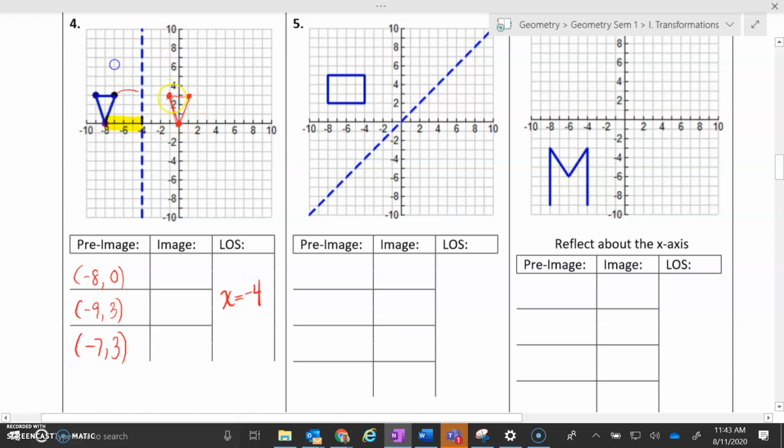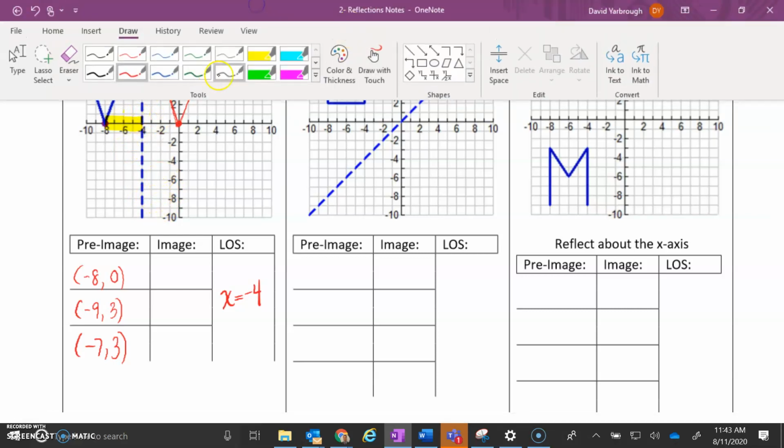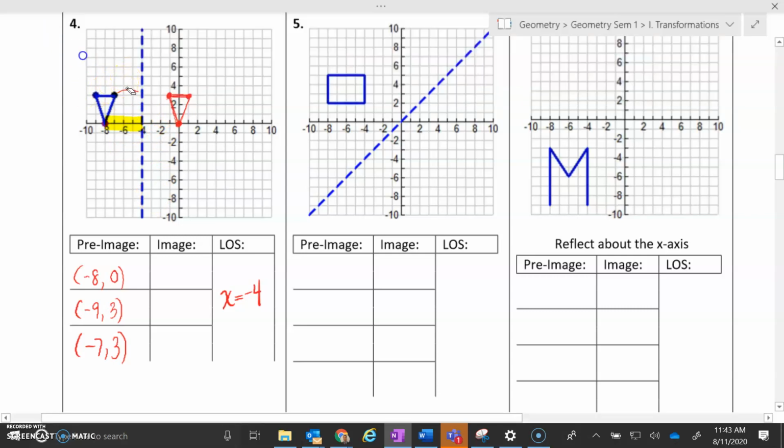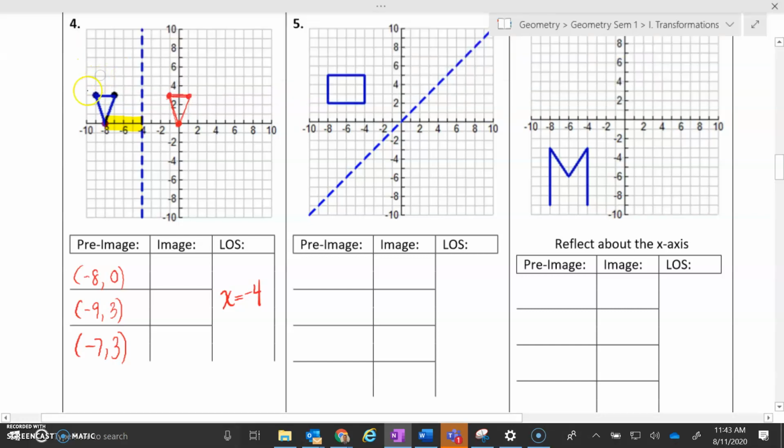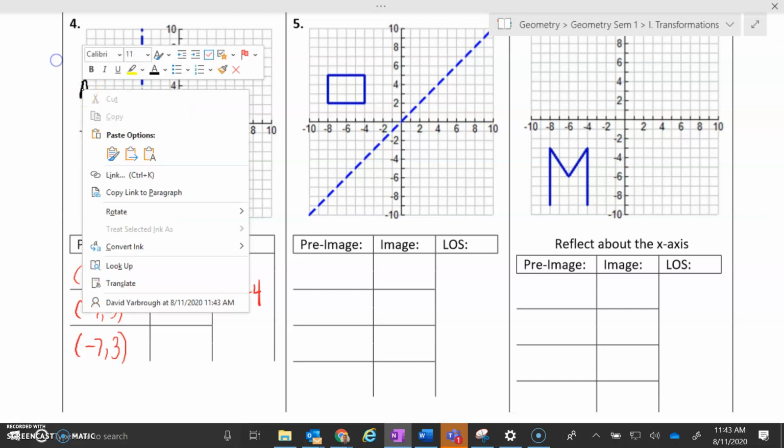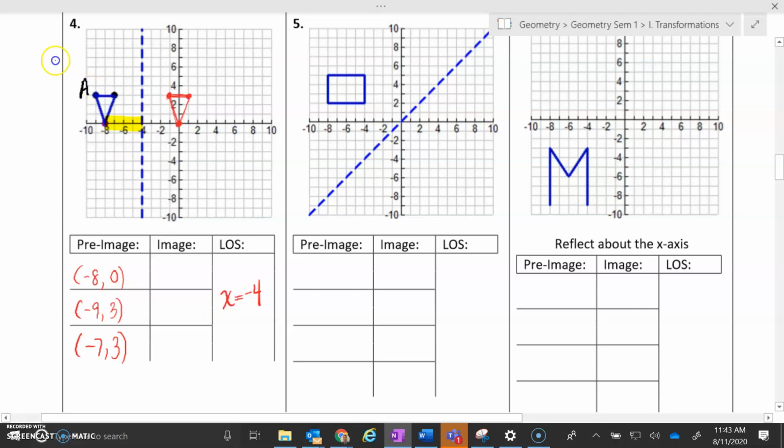Typically, though, what you're going to have is now this looks like it could have been a translation, doesn't it? Doesn't it look like I could have just taken that and slid it over? Okay, so in some problems, sometimes what you'll be given is a point, and this will be called A, and then this one will be called A prime.